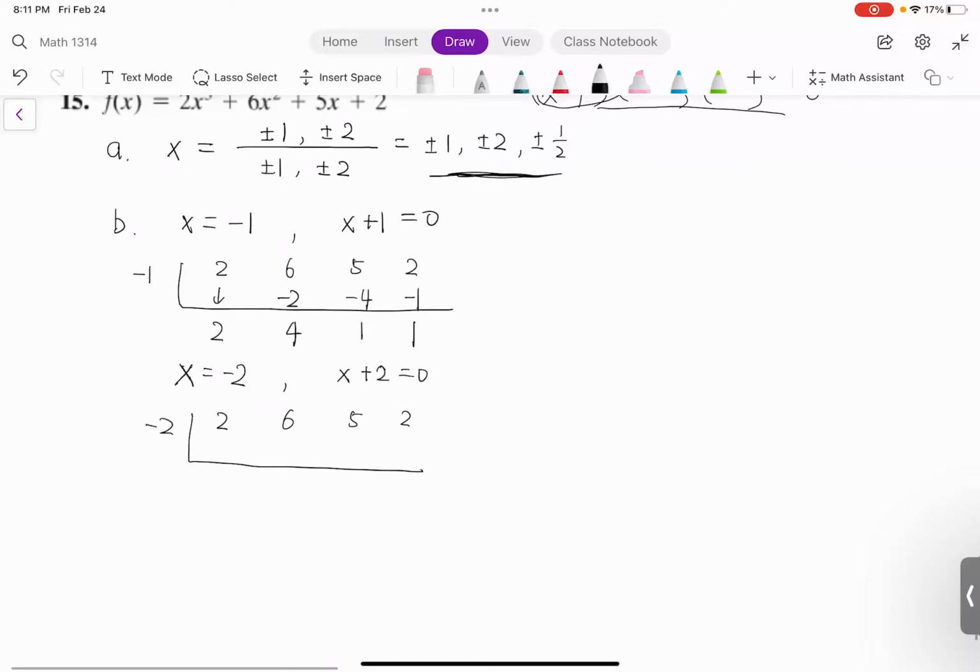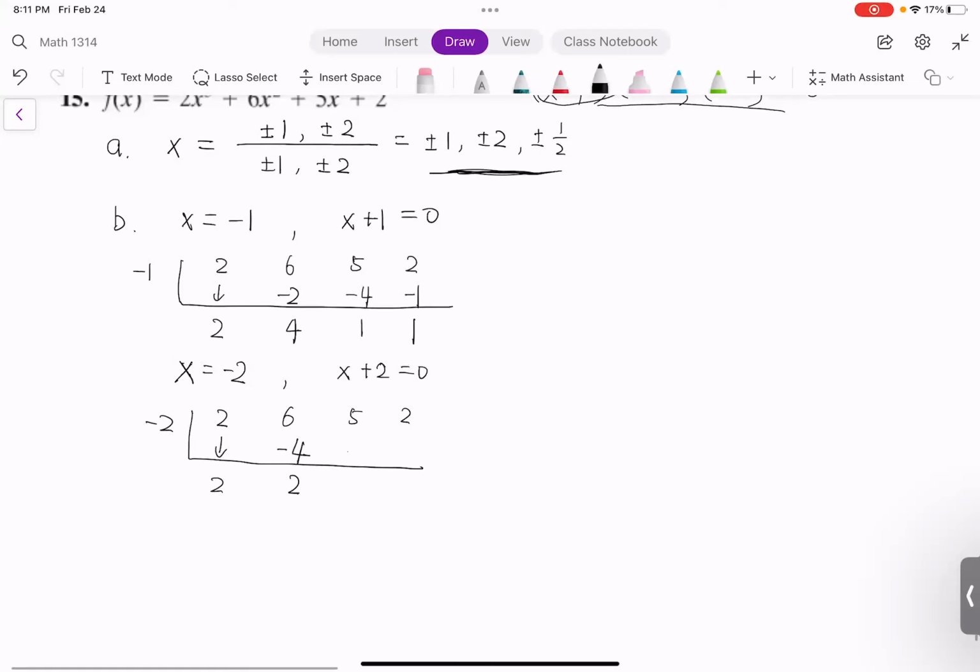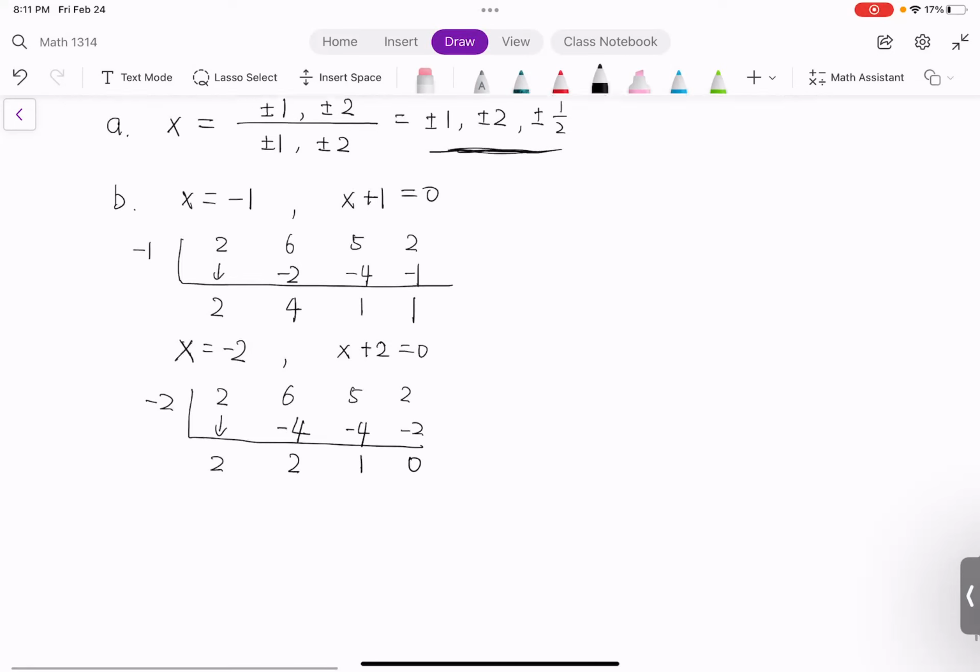Put -2 here, bring down the 2. 2 is here. -2 times 2, -4. 6 plus -4 is +2. -2 times +2, -4. 5 plus -4, 1. -1 times 1 is -2. Yes, we make a 0. That means -2 is a 0 of the function. So the quotient is 2x squared plus 2x plus 1.